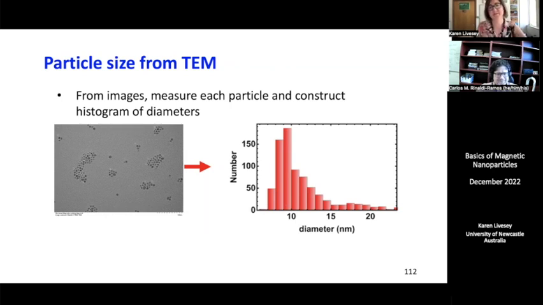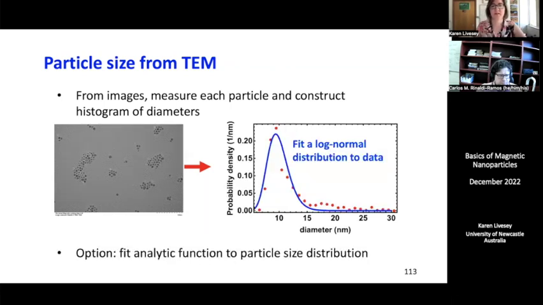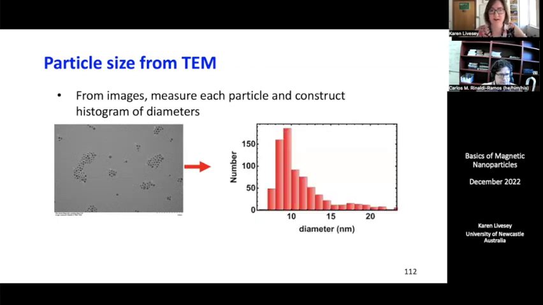Now, an optional step here, once we've got this size distribution, is we can fit to it with a log normal distribution. This is optional in some sense, because if you have the histogram that I showed before, you have all the information about the size distribution in your sample, and you can do analysis using that size distribution.